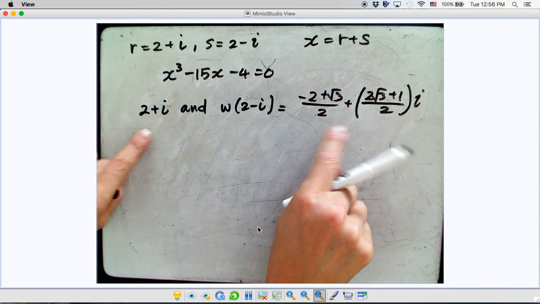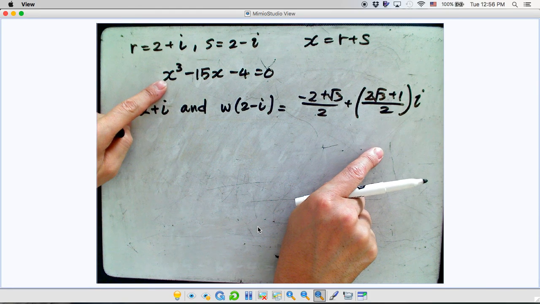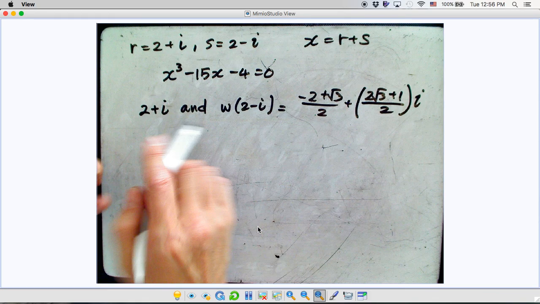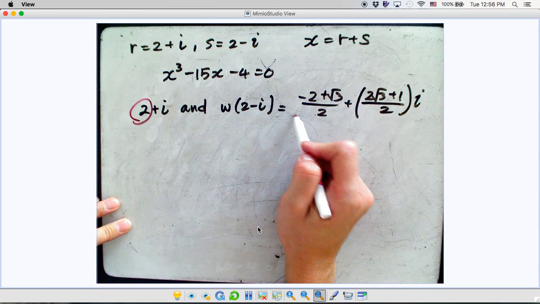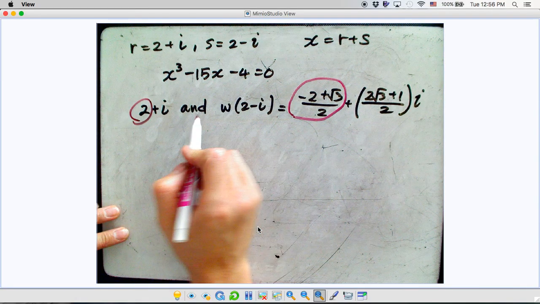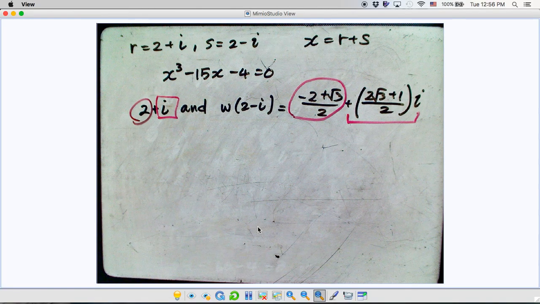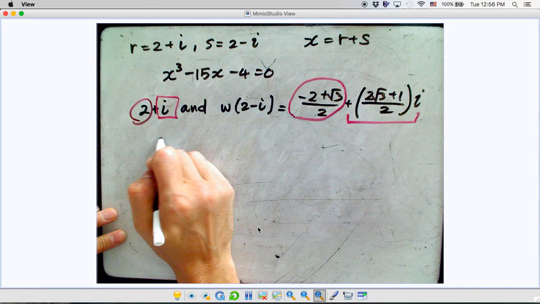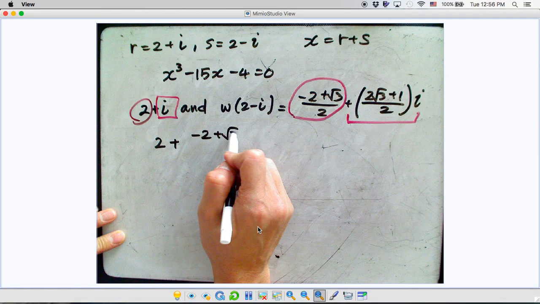If you add these two together, are we getting the number that's going to satisfy this equation, right? So let's add these two. I can add 2 plus negative 2 plus square root of 3 over 2, and then i plus this part, 2 square root of 3 plus 1 all over 2, to the i's power.